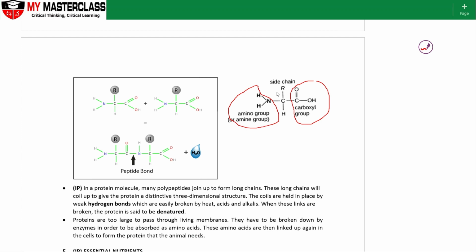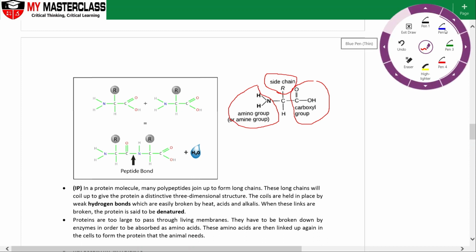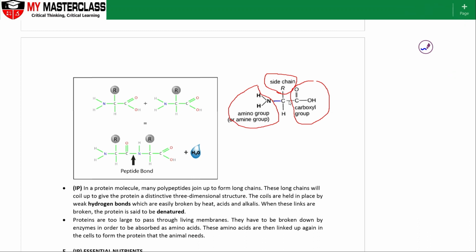So often we denote them by the R side chain. Remember that your carbon requires 4 bonds. So we have 1 bond here, 1 bond here, 3 here, and the last bond is bonded by a hydrogen, which is standard.